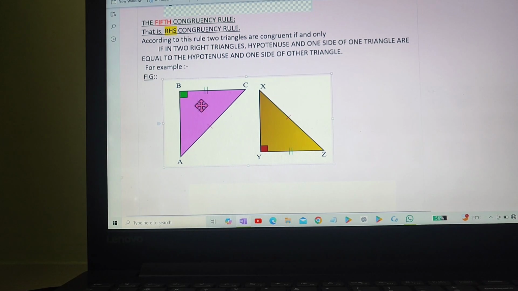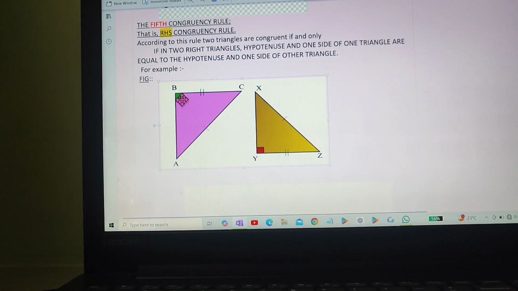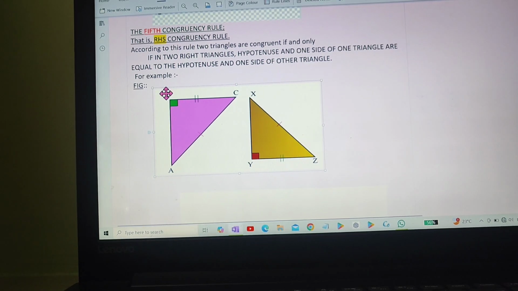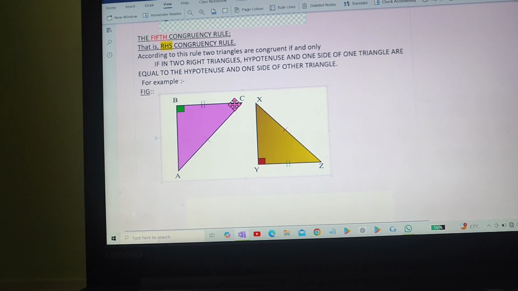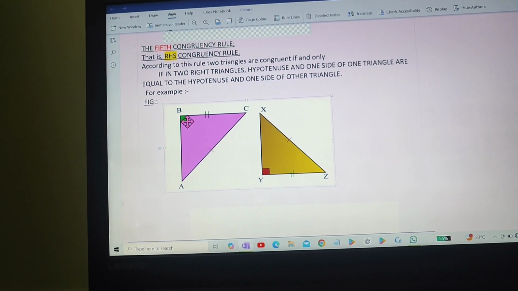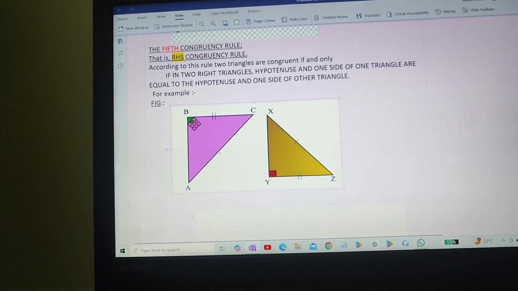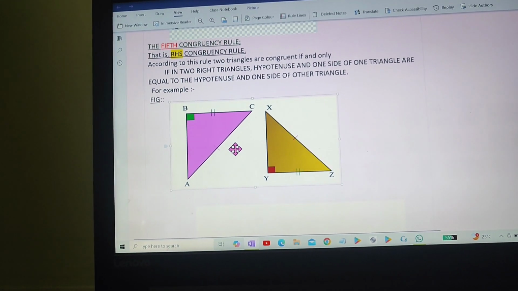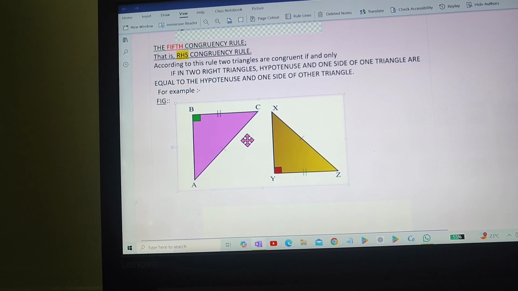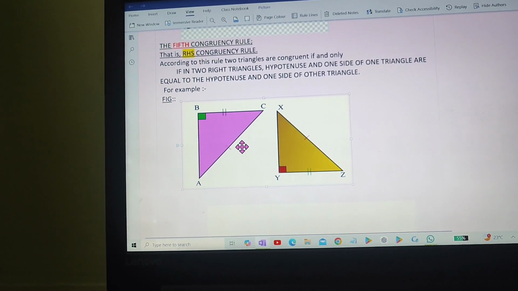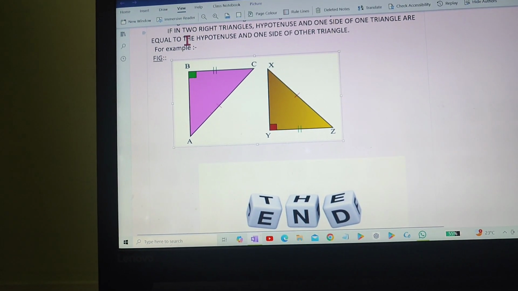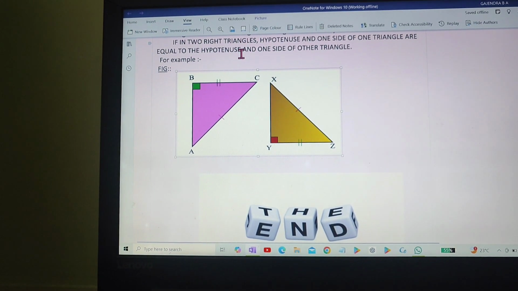And here we can find the hypotenuse side. As I said, AB is a side and CB is a side. The angle between these two sides is angle B, and the side opposite to angle B is side CA. Now let us discuss this congruency rule.